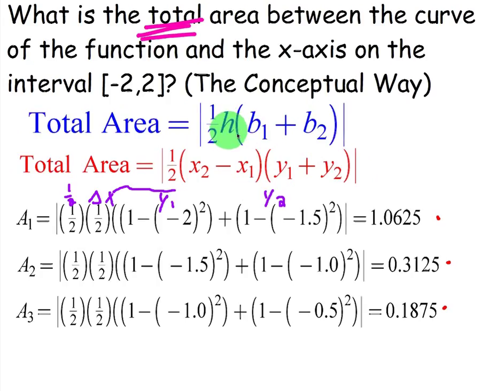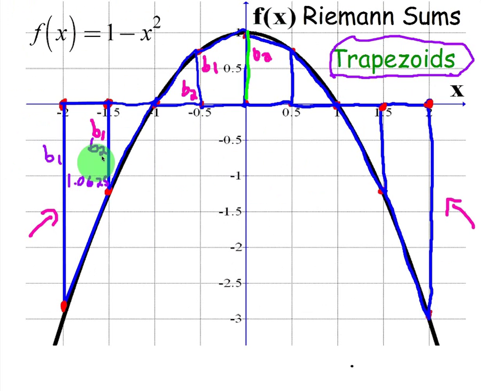Now, here's the thing. The height of each of these trapezoids is actually just going to be the same as the width of your rectangles, which is determined by taking the difference between your two x values. Here's what I mean. The height of this first trapezoid is just 1/2, the difference between your x values, okay?